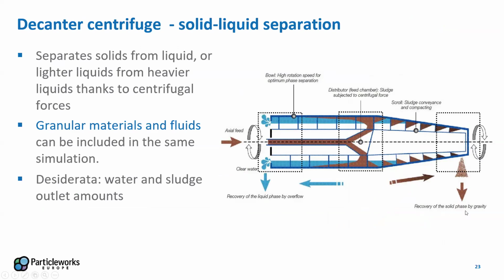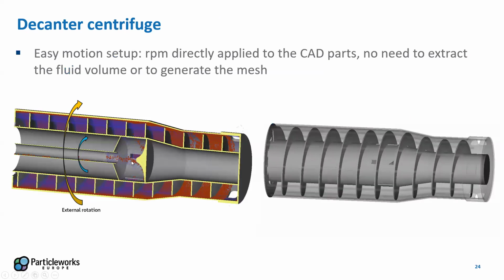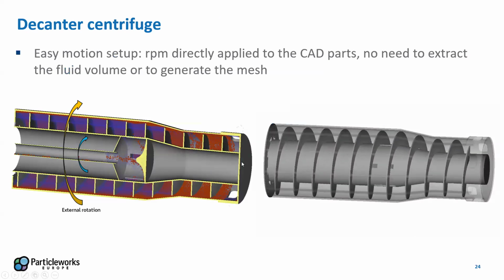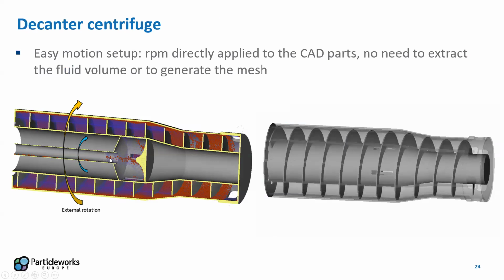The solid phase is usually separated in this kind of system at the front, and the sludge will separate again because of the rotation of the feeder and also the geometrical features applied, and also the physics because of different interactions and densities and so on. So you can see here in the example, this is the animation. On the left, we have the injection of the two materials that are separated into the fluid and the solid.